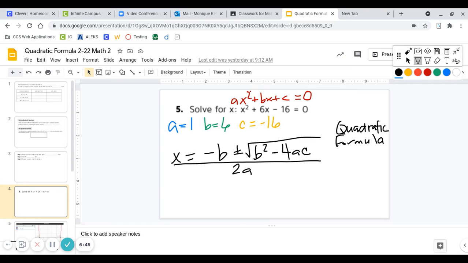I'm not going to use the x equals part. I'm going to start at negative b. So negative, I'm going to stop, insert b, which is 6.